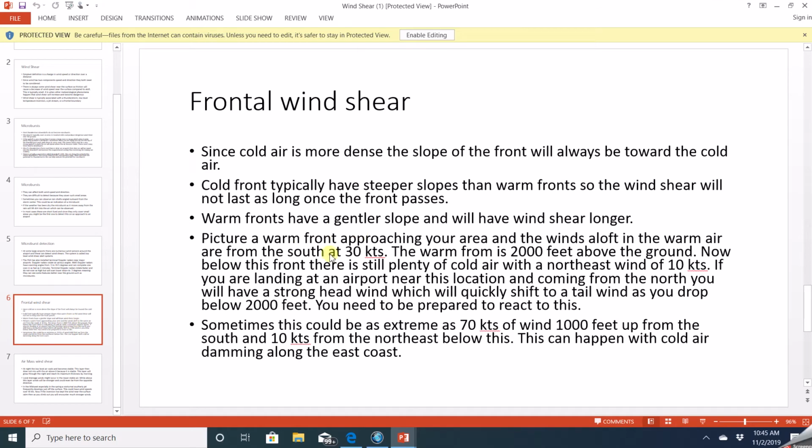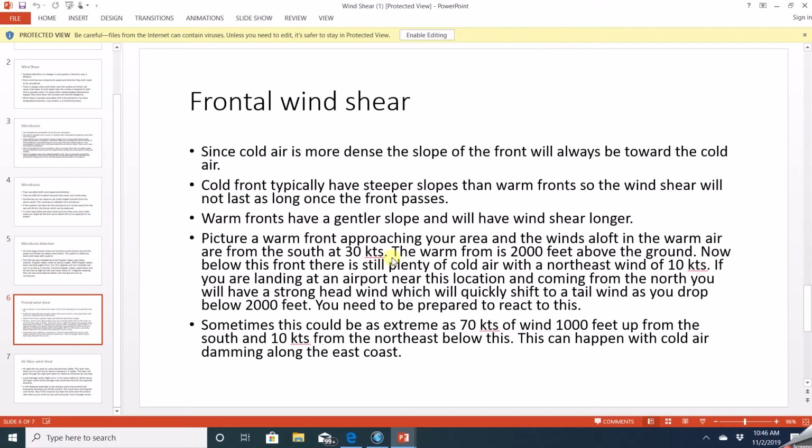Frontal wind shear is going to be where there's really strong, sometimes very strong wind shear at the low levels. Say you have a warm air mass that's moving towards your location. I have seen instances where at 2,000 feet there's a 70 knot southerly wind. At the surface, it's still in the cold air.